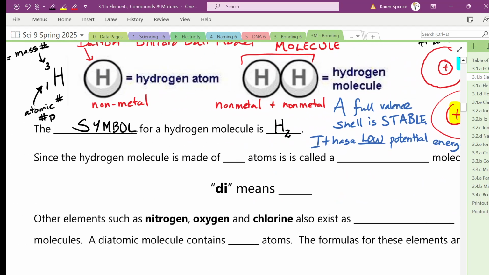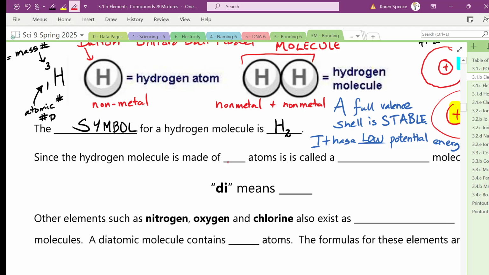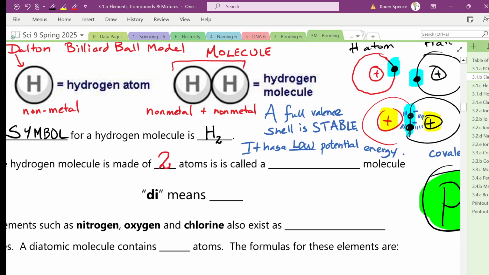Now, this particular hydrogen molecule, this molecule is always going to contain 2 atoms. So it's made of 2 atoms. And because it has 2 atoms, we call it a diatomic molecule. Because di means 2.